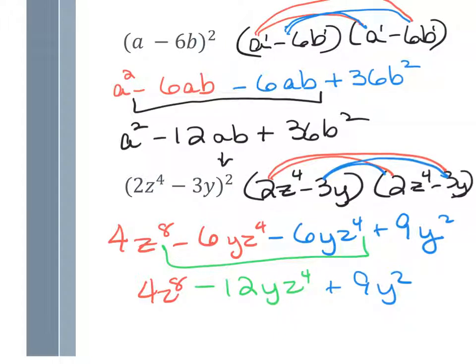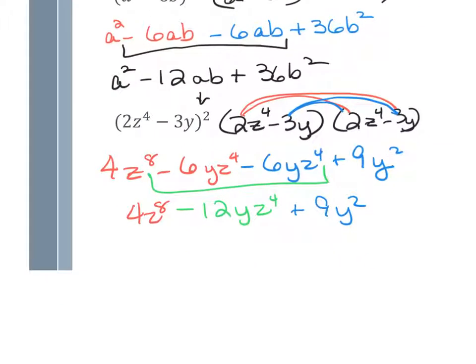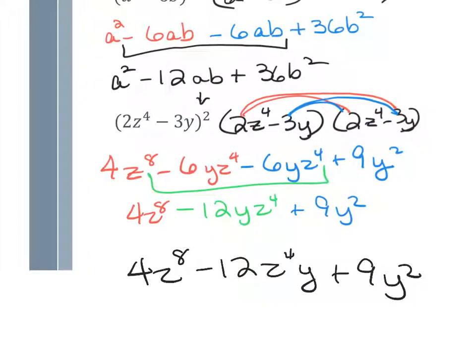So like I had said before, you could also have written your answer as 4z to the 8th minus 12z to the 4th y plus 9y squared. So you could flip-flop the letters. It doesn't matter. Now, when you're writing things in standard form and there's more than one letter, just pick a letter and then put it in standard form from there.